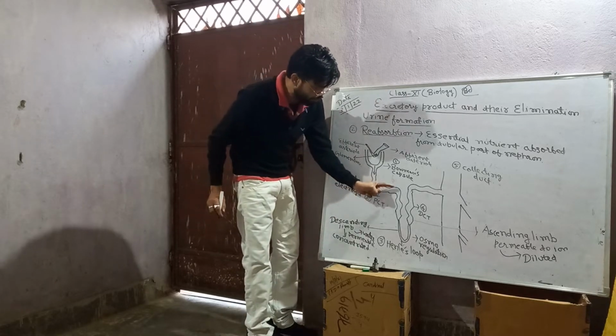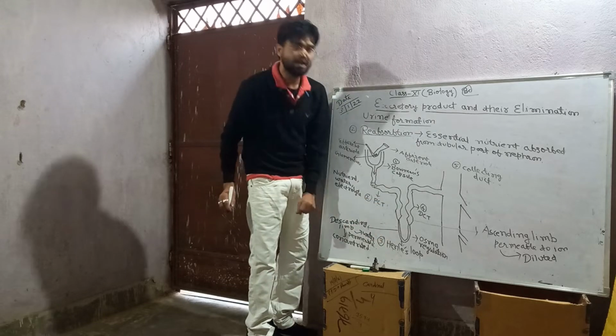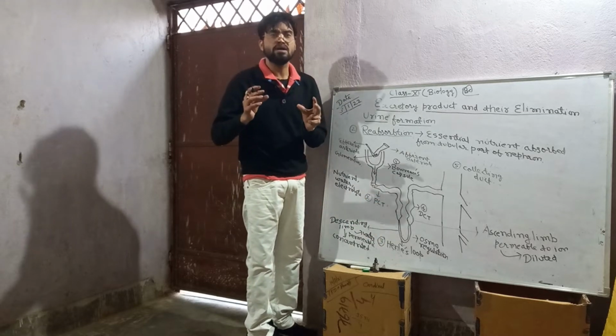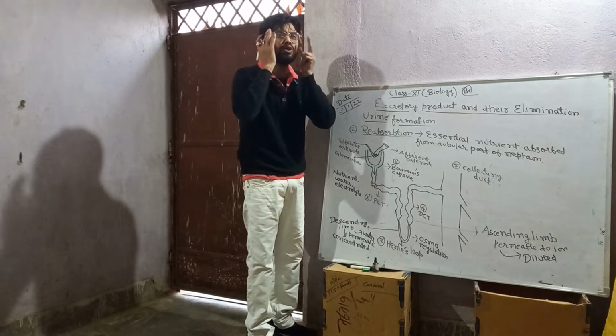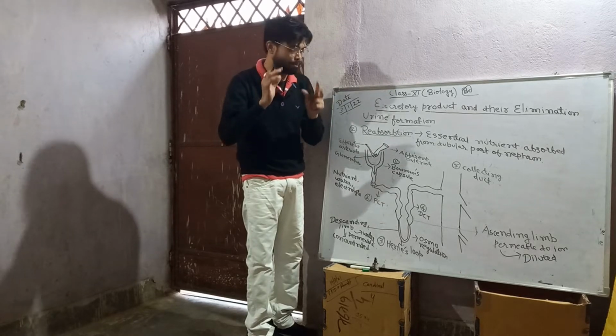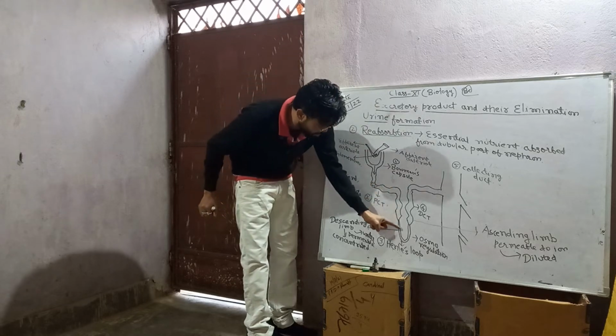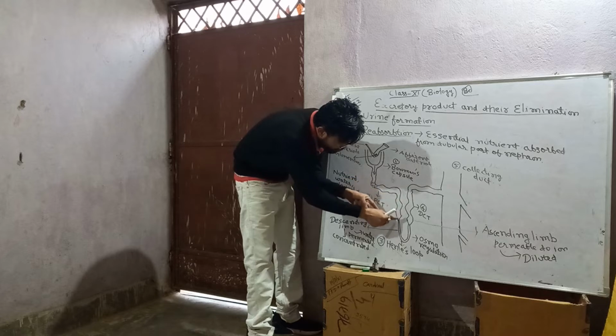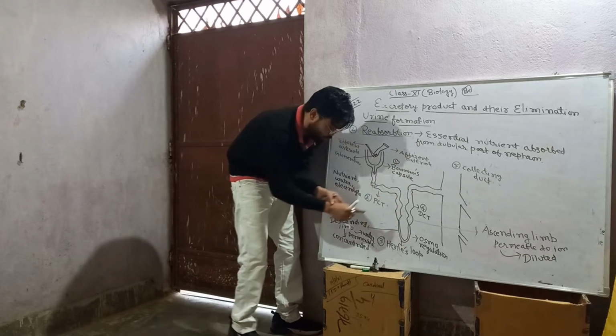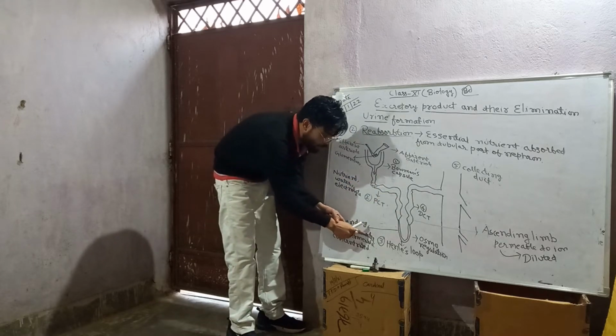After that, the filtrate flows to the Henle loop, as the Henle loop helps only in osmoregulation, and the Henle loop contains two types of pipe. One is known as the ascending limb and the second is known as the descending limb. Now this descending limb, my dear students, is permeable to water.